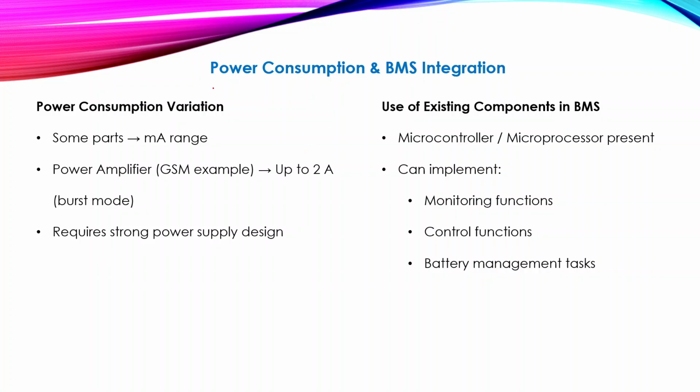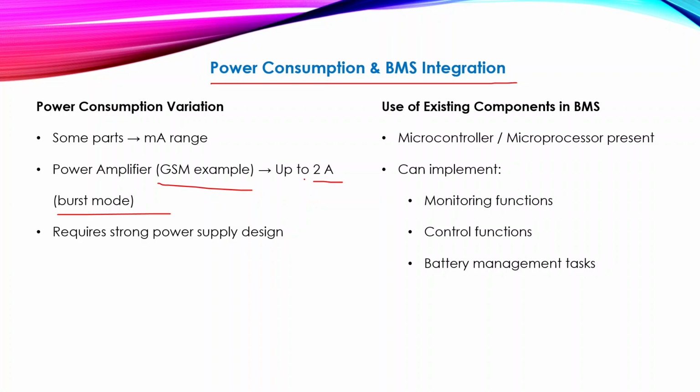Here, power consumption and BMS integration. The power consumption of the system parts can vary significantly, as we all know. For example, a power amplifier in a GSM model transmitting in burst mode can draw up to 2 amperes.